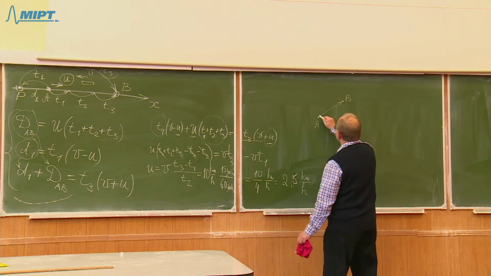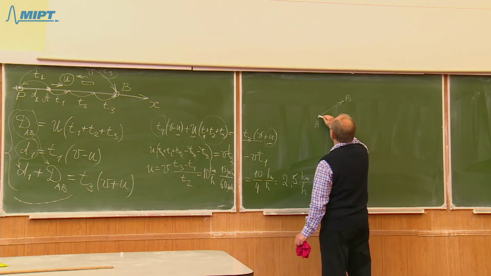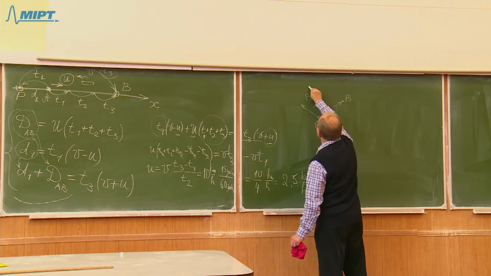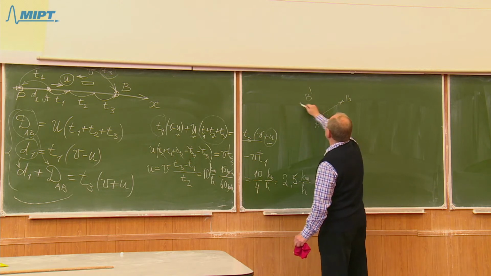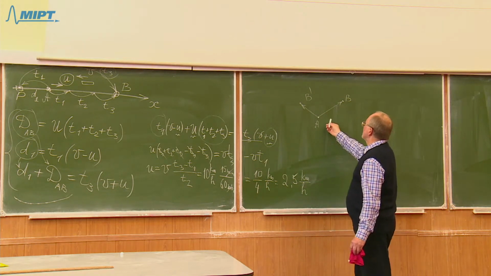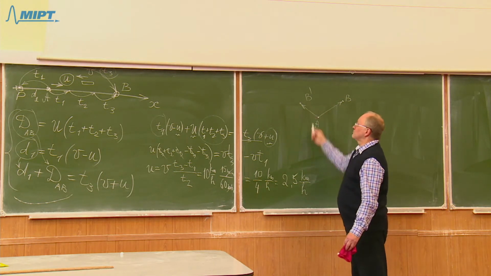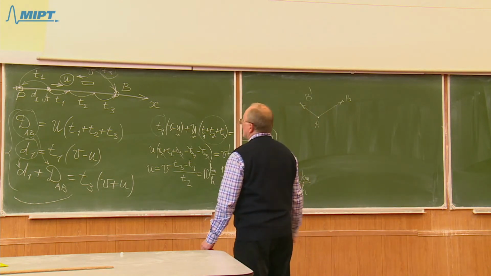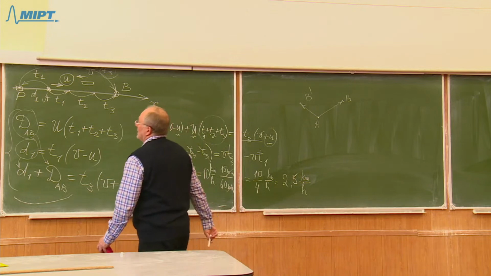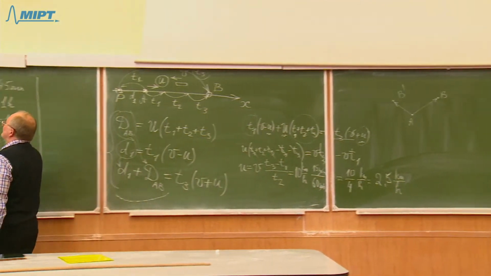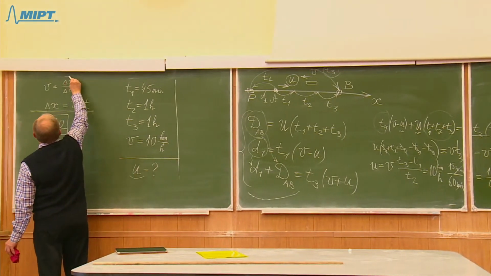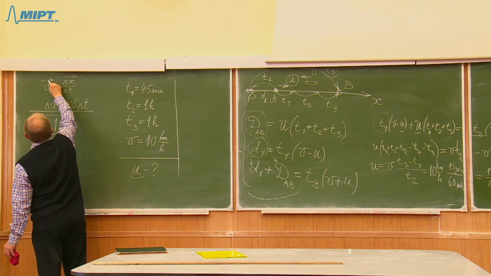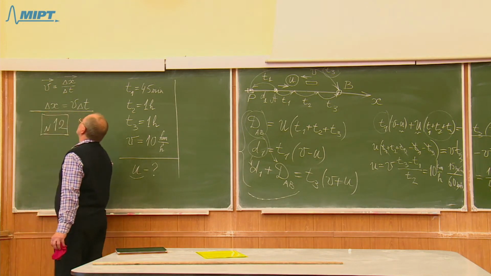Should the material point go to a different direction, like to B prime, then that would be a different vector which may have different direction and different magnitude. So the displacement is a vector. Therefore, if the displacement delta x is a vector, then the velocity of material point should necessarily be a vector.